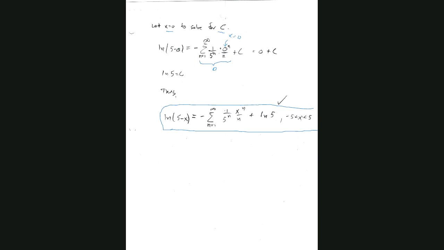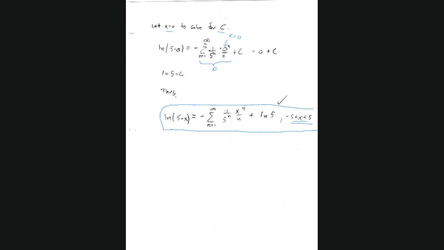All right, so the log of 5 minus x is equal to negative sum n equals 1 to infinity of 1 over 5 to the nth power times x to the n over n, plus the log of 5. And notice that the function equals the power series only when x is between negative 5 and 5. So the power series converges over that interval.